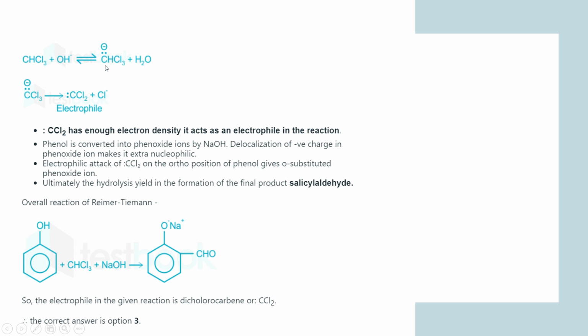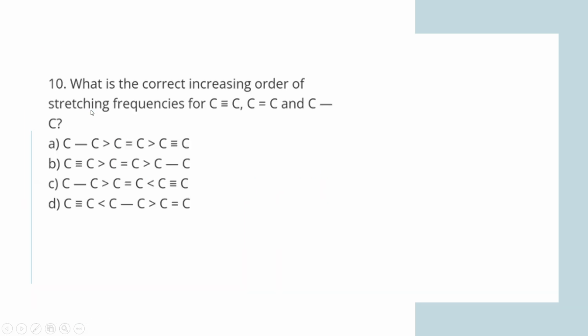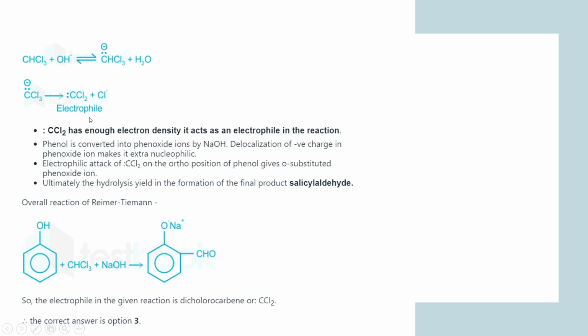So in the subsequent step, this CCl3 minus will undergo dechlorination to give the reactive intermediate involved in the reaction, which is CCl2, and this particular electrophilic reactive intermediate is called carbene.